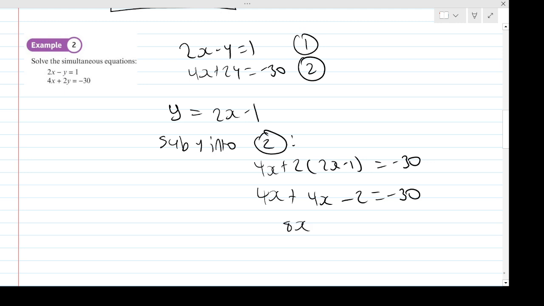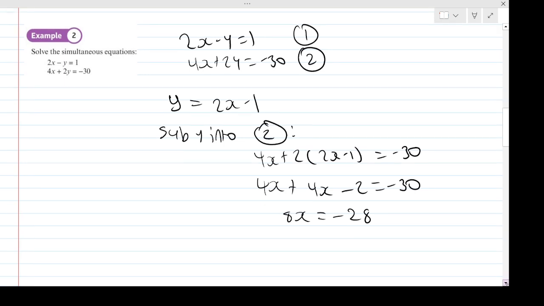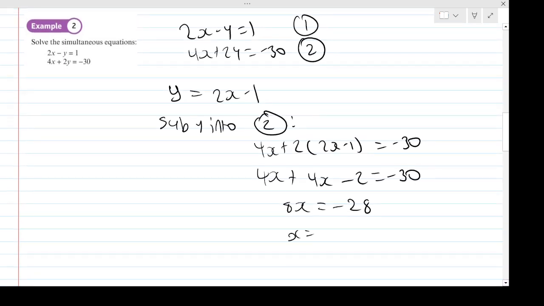Then 8x is going to equal minus 28, if I add 2 to both sides. Then x is minus 28 over 8, which would be minus 3.5 or minus 7 over 2.